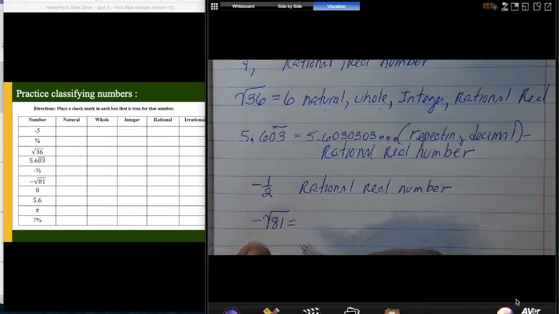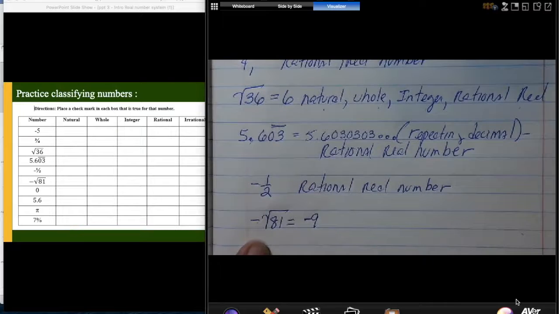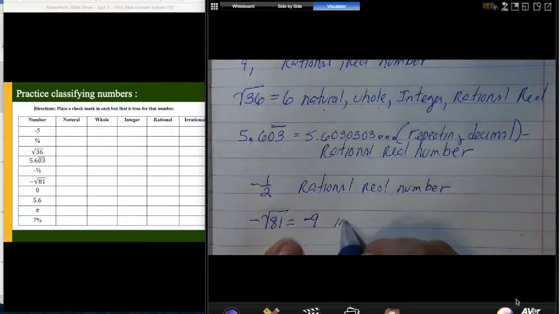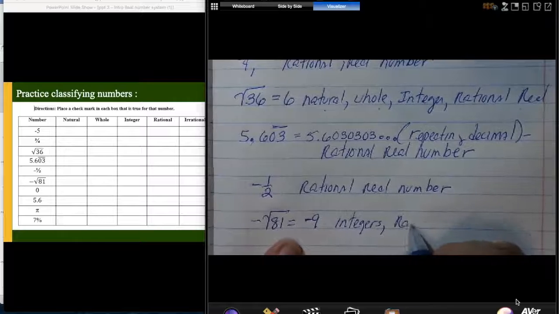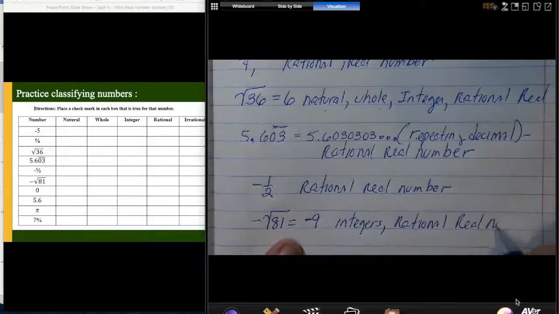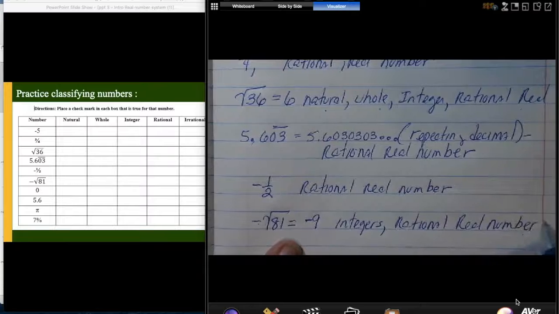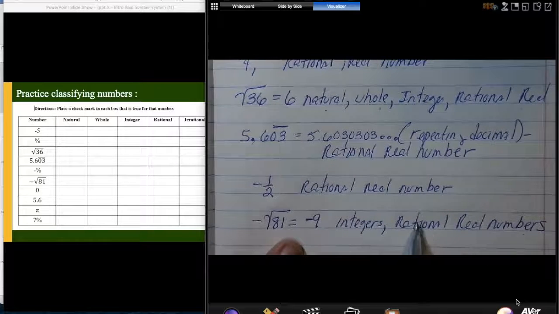Again, the square root of 81 is 9, and the negative in the front makes it a negative 9. So my negative numbers are my integers, rational, real numbers. And remember, in order to make it a rational number, all I need to do is put it over 1.